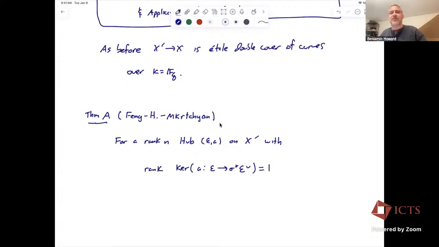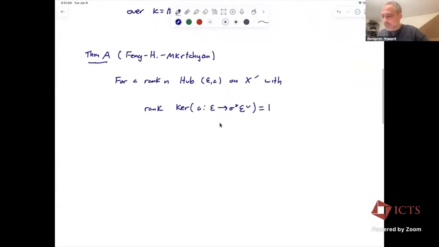So if you work generically, you get a Hermitian space over the field of rational functions on X', and I'm saying that the Hermitian form on that Hermitian space should be degenerate, and it should have a radical of dimension 1.